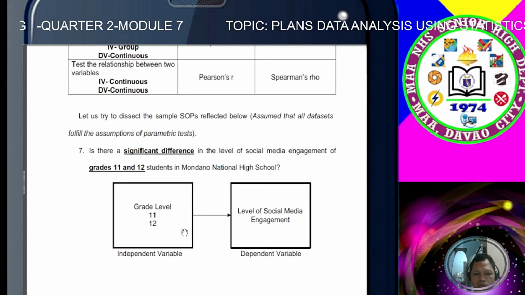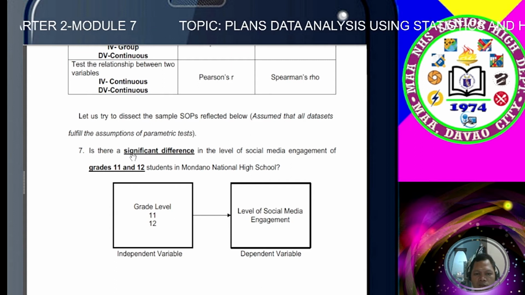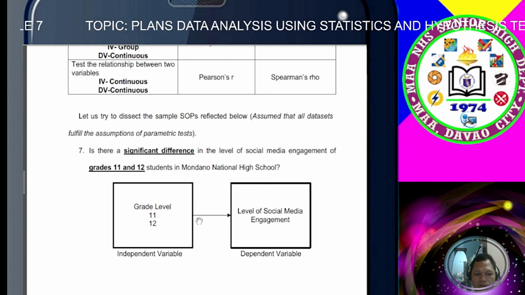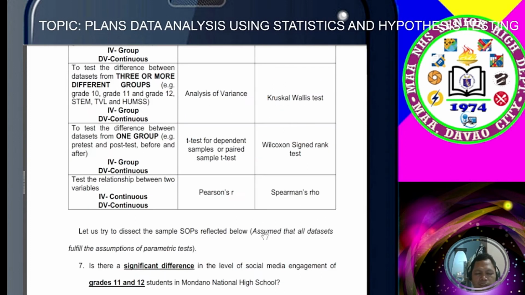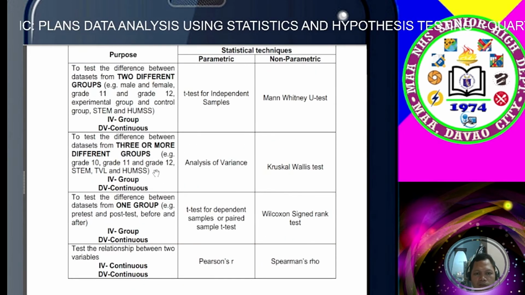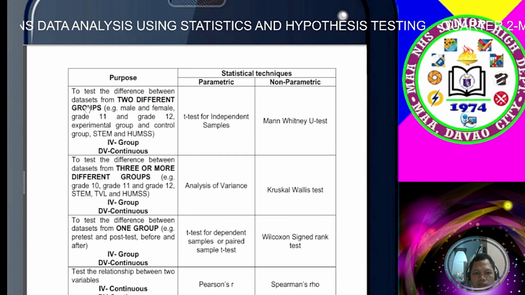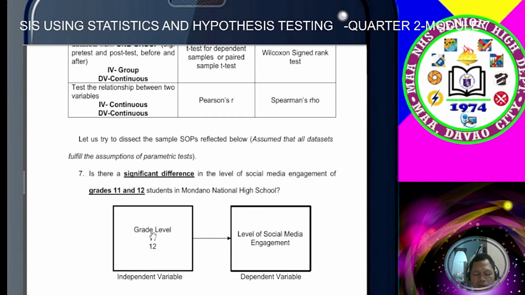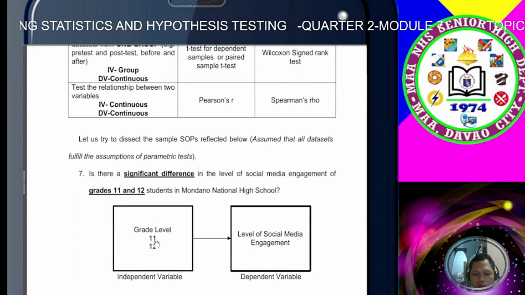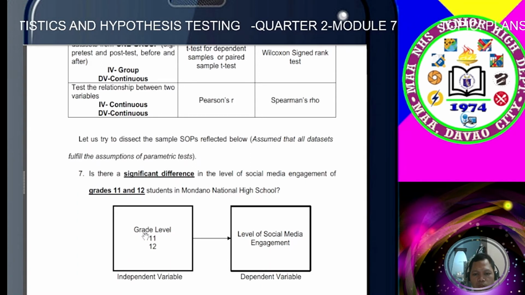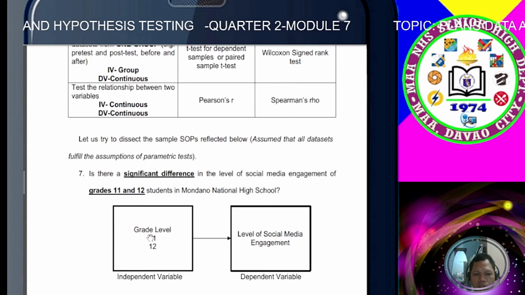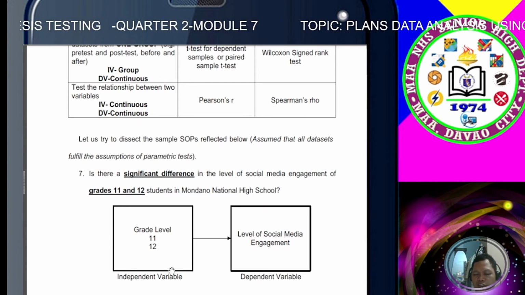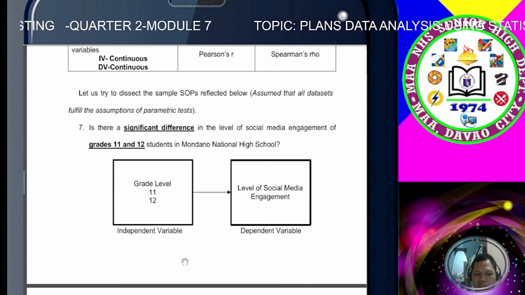Take note, the question is significant difference. Based on the above guide, we are comparing two different groups because we are dealing with Grade 11 and Grade 12. What do you think is the statistical tool for this study?